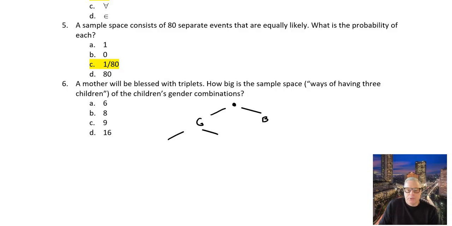Then the next one could be either a girl or a boy. Then the third one would be either a girl or a boy.